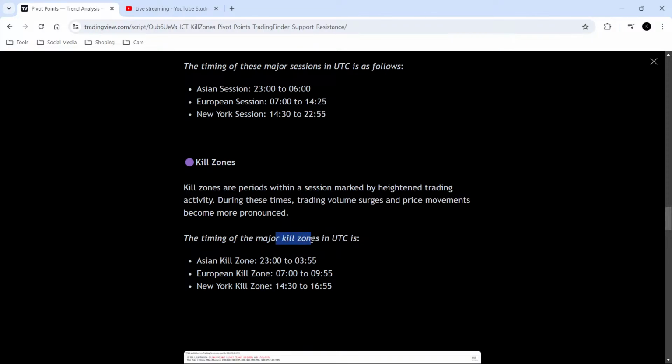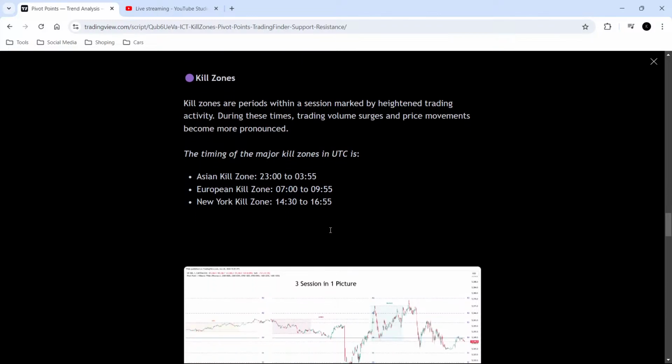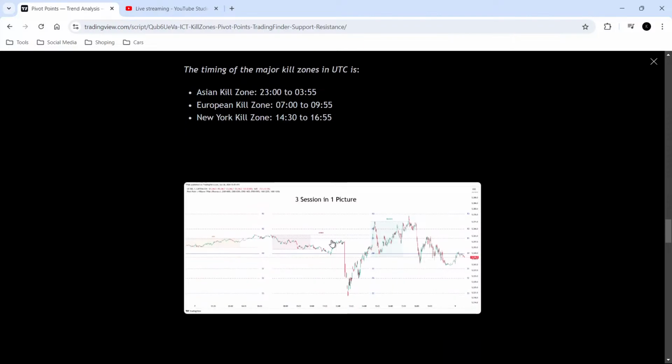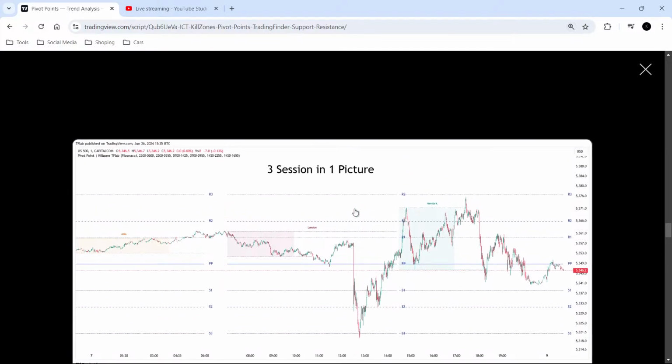The timing of the major kill zones are specific times where those kill zones could happen. We'd probably just listen to this one because the Asian session is horrible. So let's take a closer look. I'm actually very interested in this.